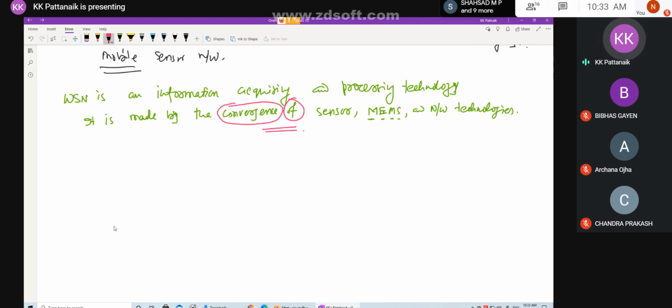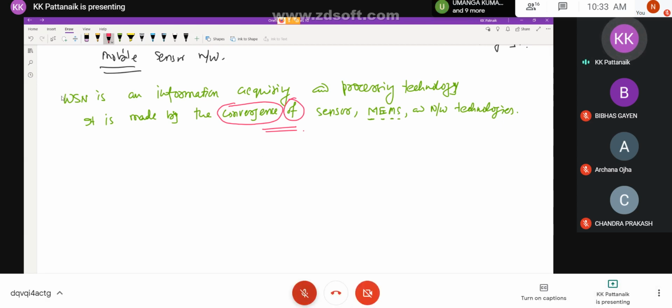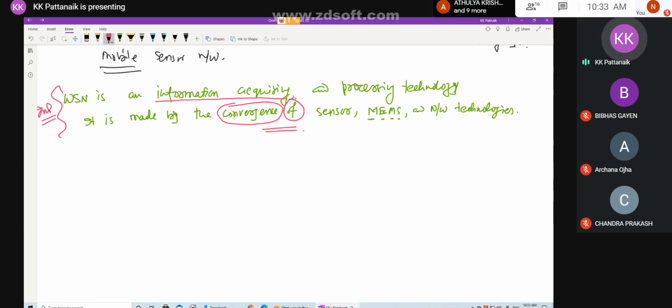It's a convergence of three technologies. Major technologies: sensor, MEMS, and network technology. Students, is this clear? This is very important. Yes, sir. So it is an information acquiring and processing technology, and this is a convergence of these technologies.